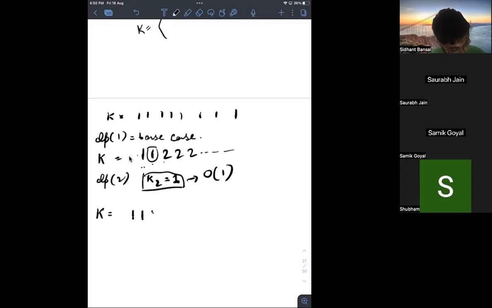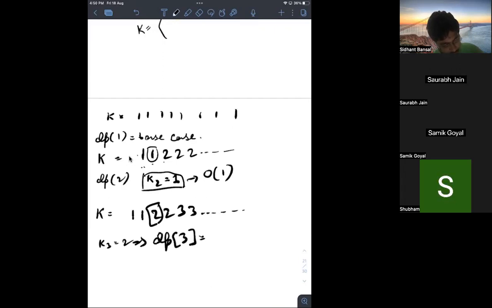Yep, maybe your array becomes like this. In this case, you look at the third position, which is K3, which is 2. So you'll be like, I can calculate my DP3 in O(1). Reason being, I'll just pick 2 as my optimal cutting point, and I won't put any more brains to it.